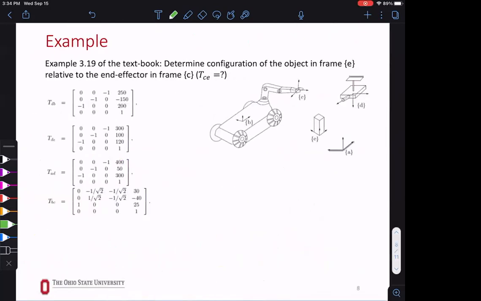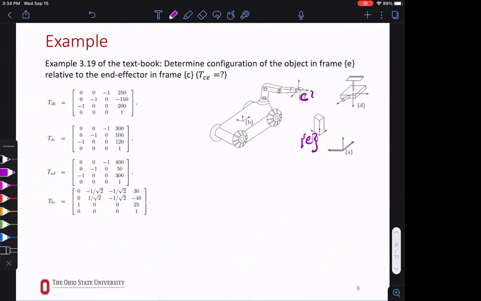Okay, so if you're done with this, this is the example. This is your book example. If you want to go further, study it, but it's just the same thing. Check the numbers, you can. So we're trying to find the configuration of the object in frame E relative to end effector in frame C. So C and E right now look the same up there. This is frame E, our object.